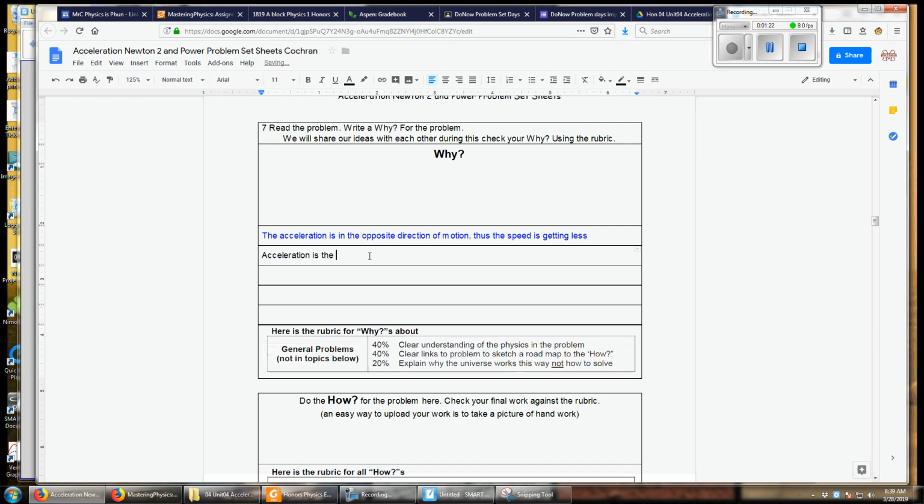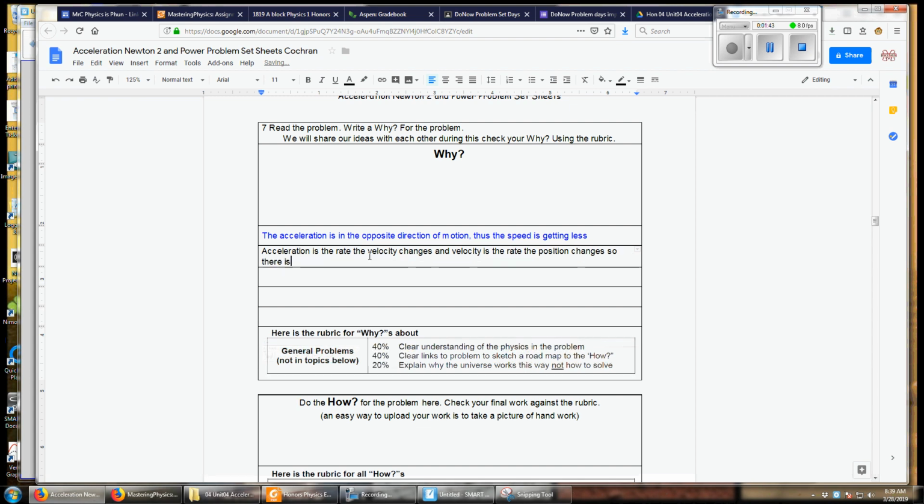So, acceleration is the rate the velocity changes, and velocity is the rate the position changes.